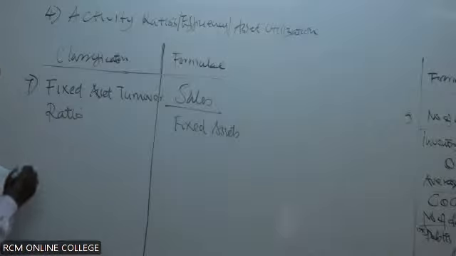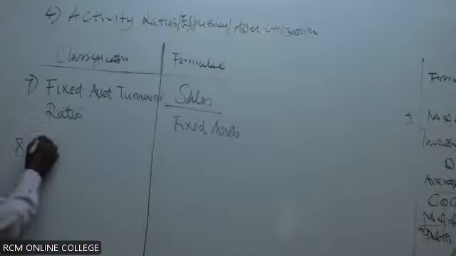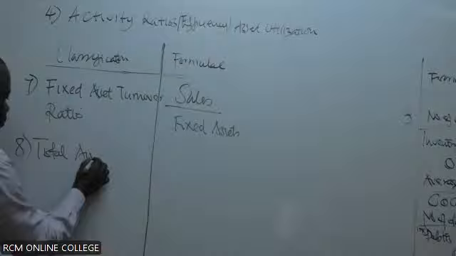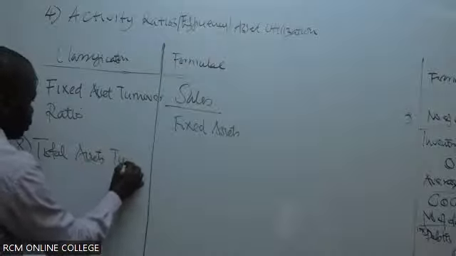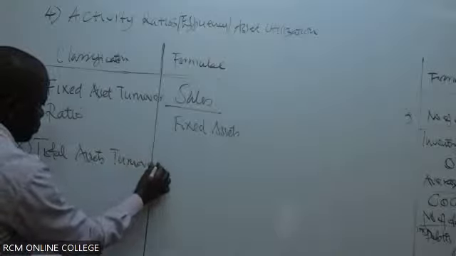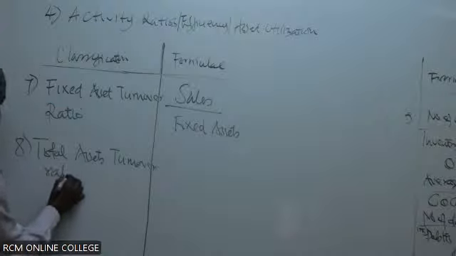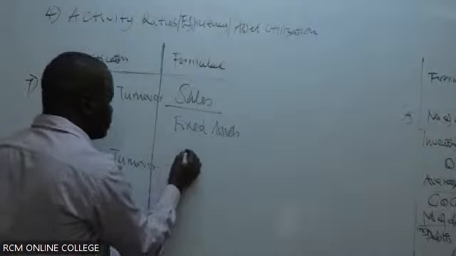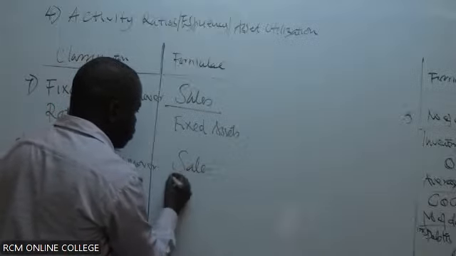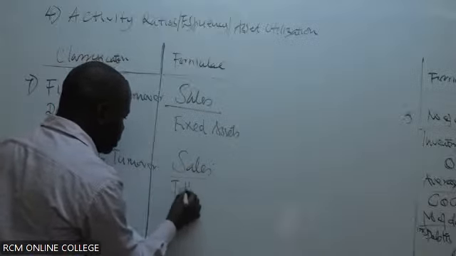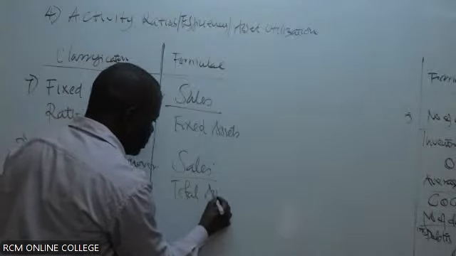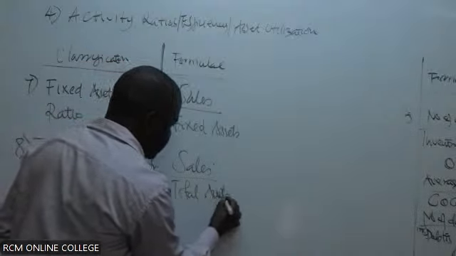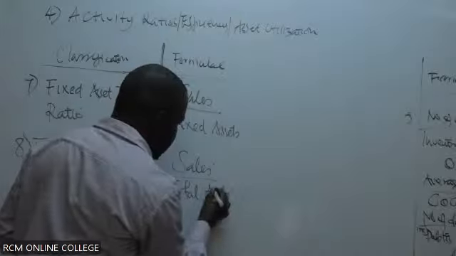Then number 8, which is the last one, total assets turnover ratio. It's just the same as this one, but now you take the total assets. So it will be sales over the total assets.